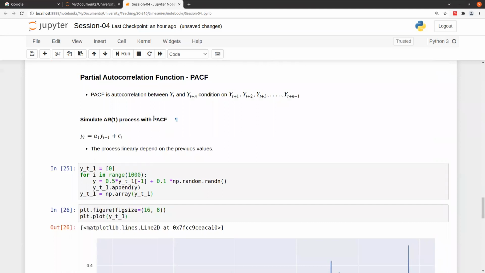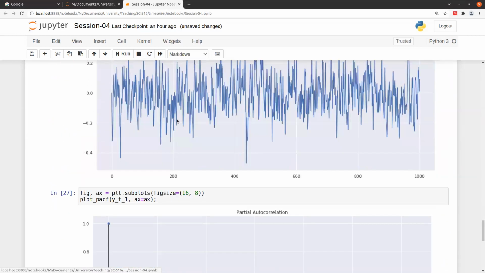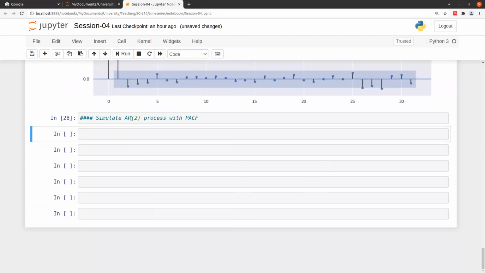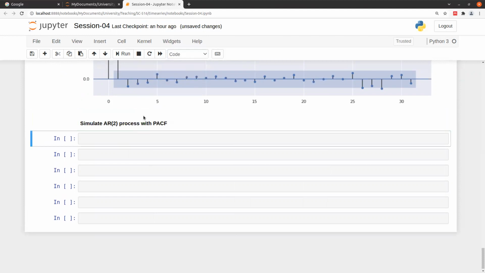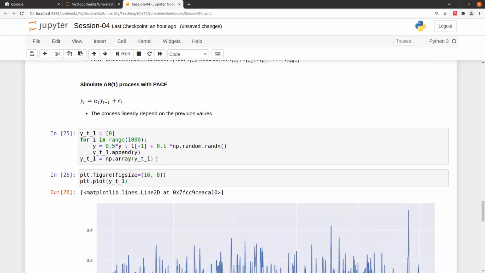Then let's try the AR2 process in order to verify, only in order to verify. I'm not going to write the equation again, but I'll discuss it.